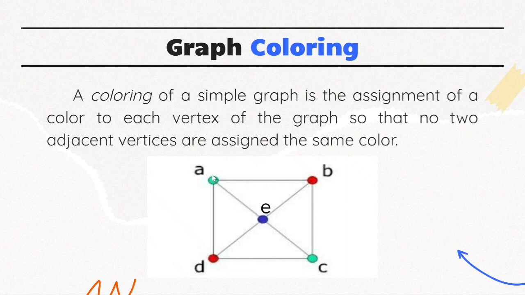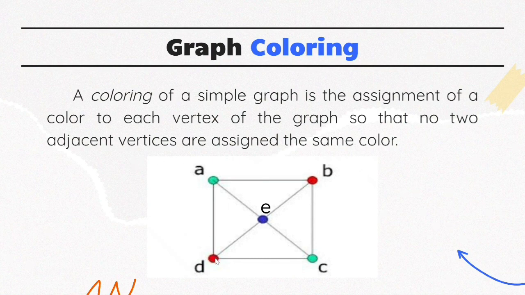Vertices that share or connect with a line segment do not share the same color. So A is connected to vertex B and vertex E, and they are not of the same color. That would negate the definition of graph coloring.